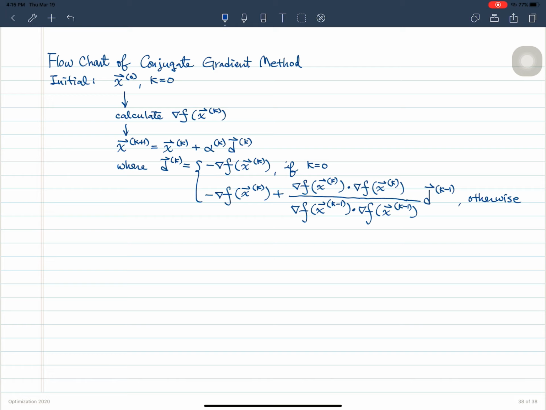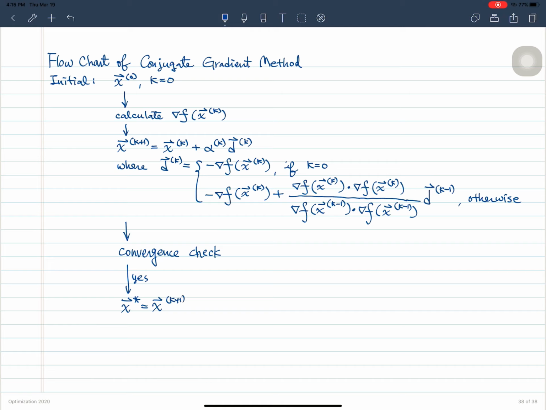Okay? So once you do that, you then can do the convergence check. So if yes, converged, your optimal is your latest design.